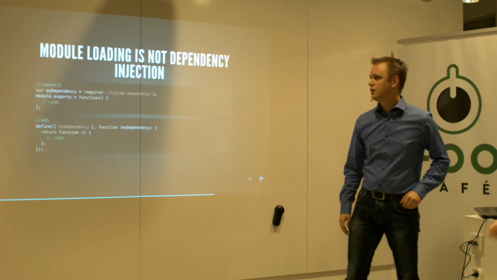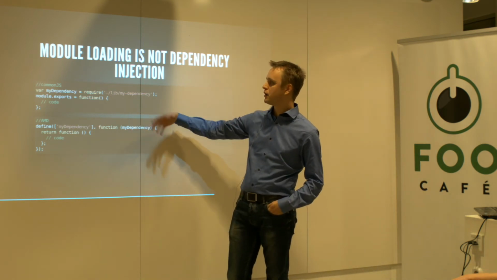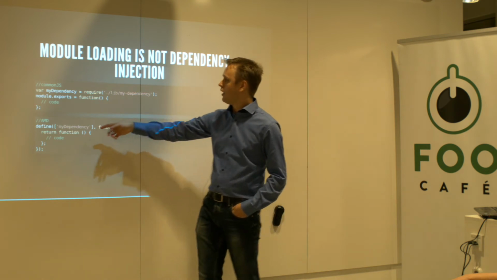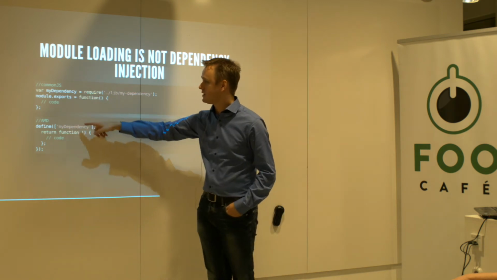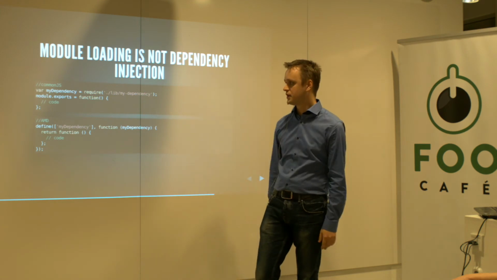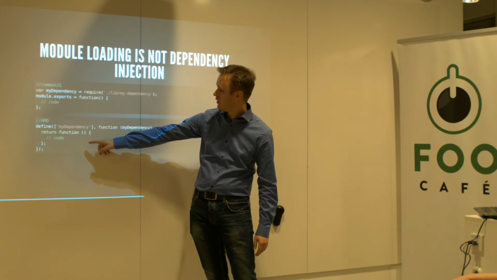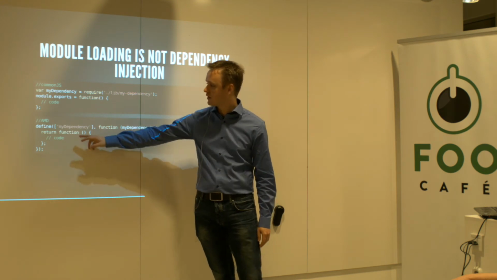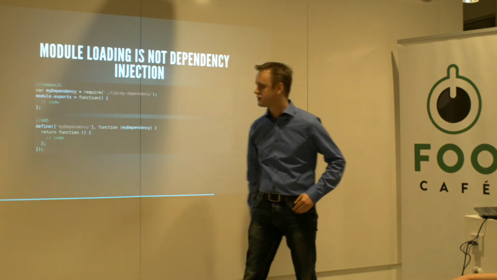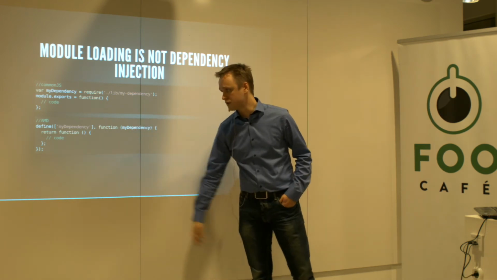So here we have a commonly written module in Node. It requires my dependency, and then it exports a function where it can do stuff, and it can use the dependency. And in require.js, it would look like this. You define it, you say, this is the dependency I want, and here you get it, and you can use it.